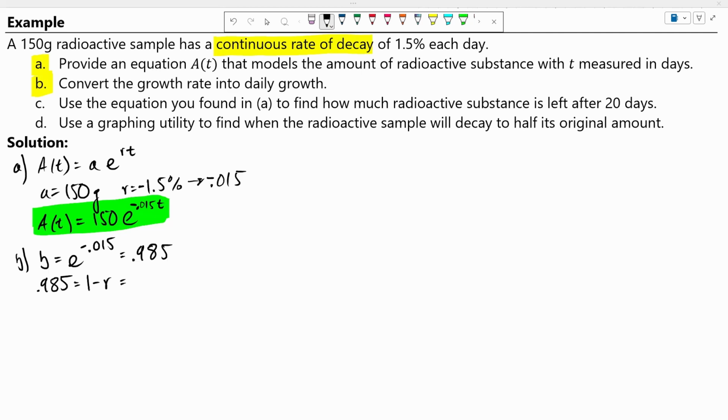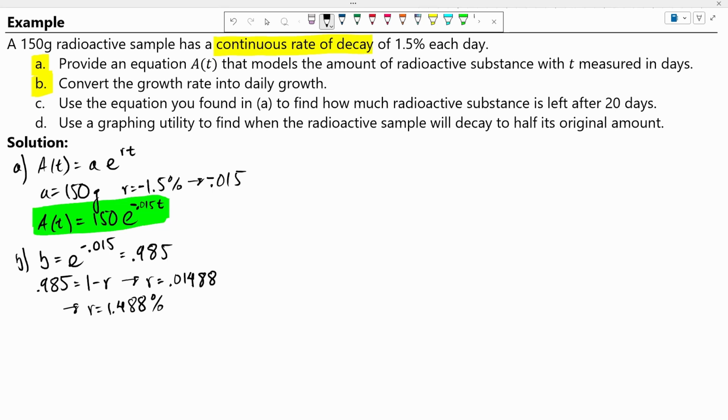If you solve this out, r is going to be 0.01488. And if you change that to a percent, r is 1.488%.